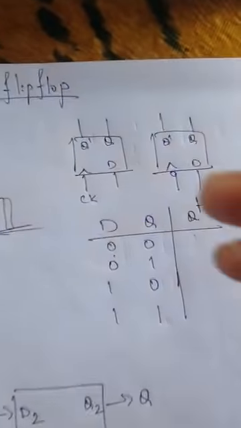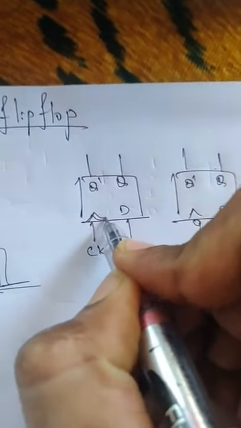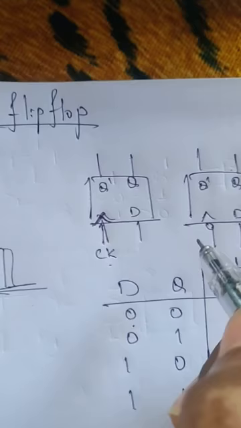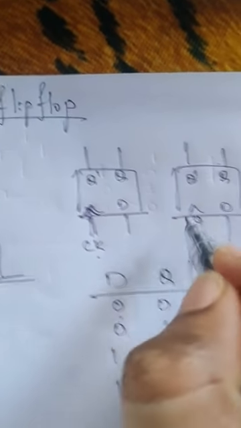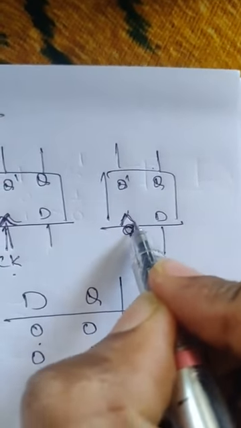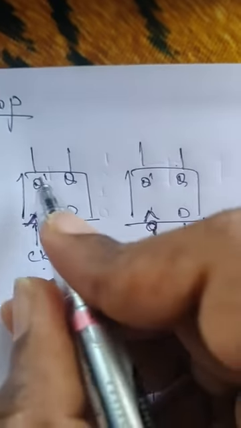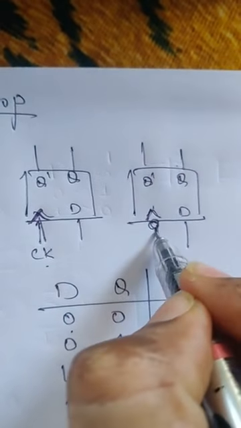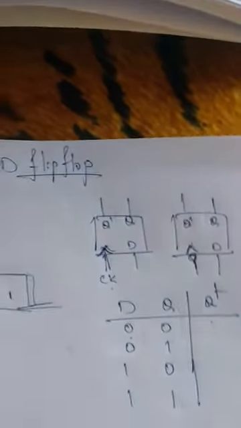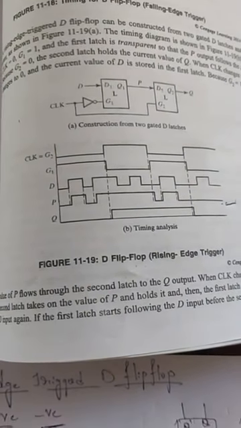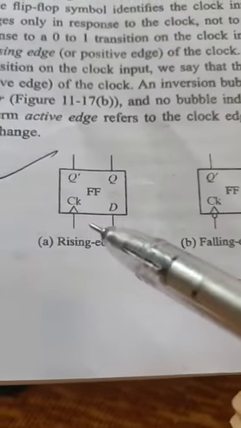So this is a clock pulse. Normally we represent it with an arrow mark like this, the clock. This is a positive edge trigger. If we have a bubble just below this arrow, this is a negative edge trigger. This is a positive edge trigger flip-flop, this is a negative edge trigger flip-flop. The only difference is that we have a bubble here and there is no bubble there. Look at this, there is no bubble here.